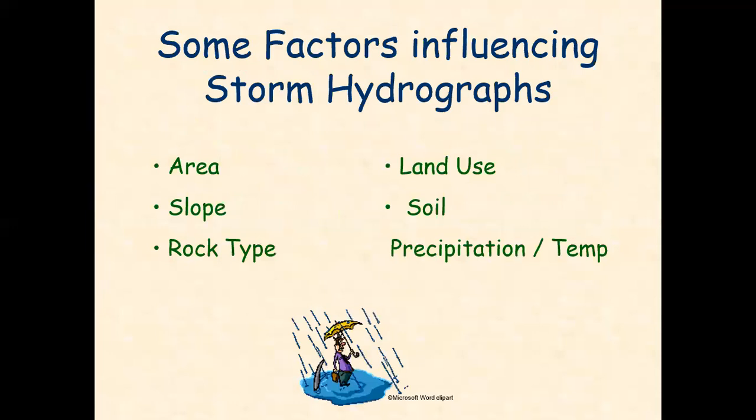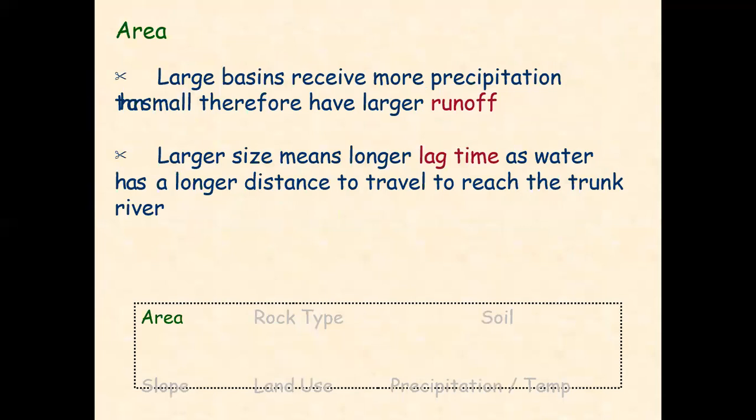Some factors influencing storm hydrographs are area, land use, slope, soil, rock type, and precipitation or temperature. Area: a large basin receives more precipitation than a small one, therefore it has a large runoff.